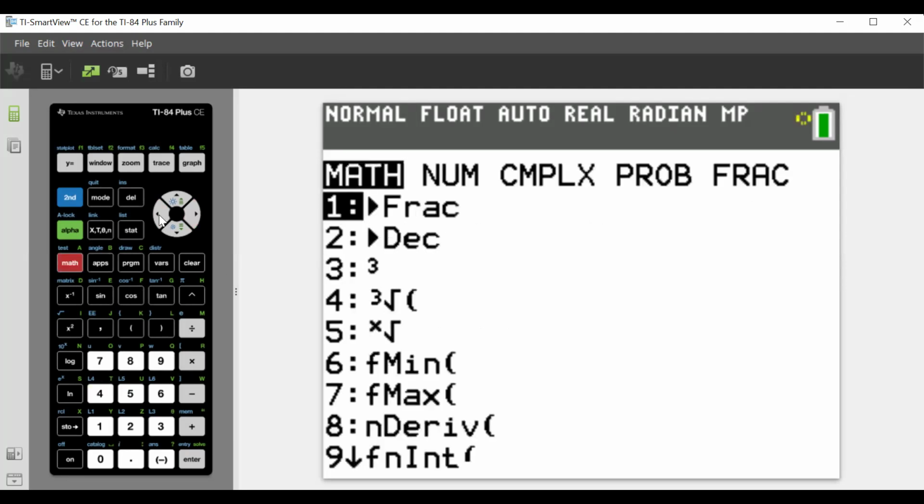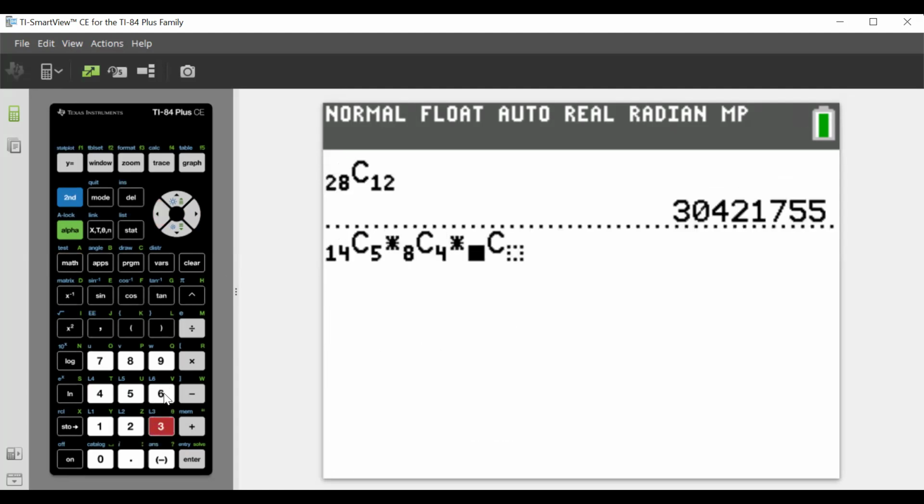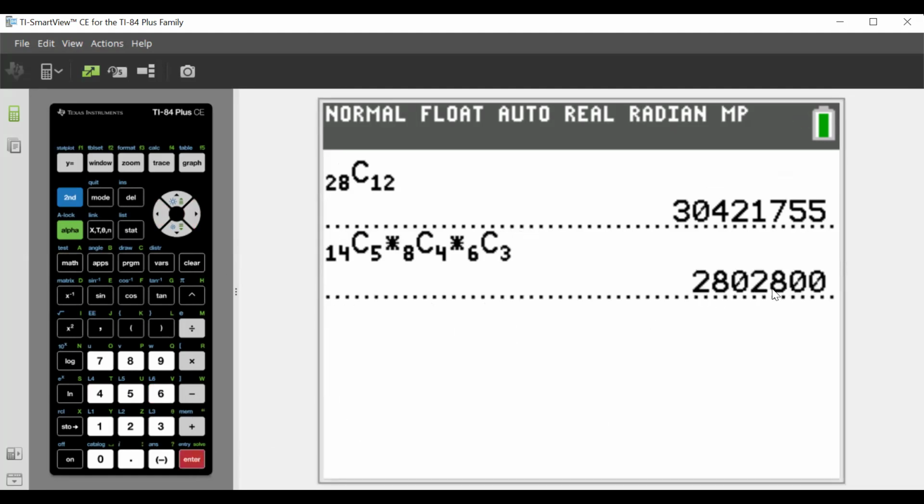And then multiply that by 6C3, where we had 6 people, and we're going to lay off 3 of those. So that one brings it down to, it looks like, 2,802,800. Okay, so that's how many possible ways there are to lay off people when we take 5 out of the first office, 4 out of the second office, and 3 out of the next office.